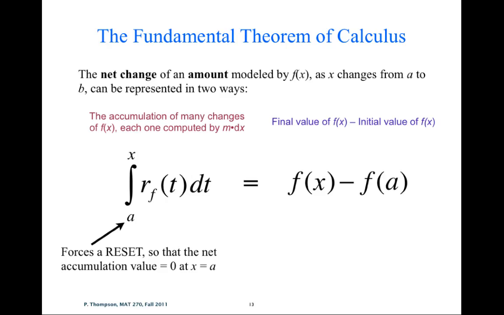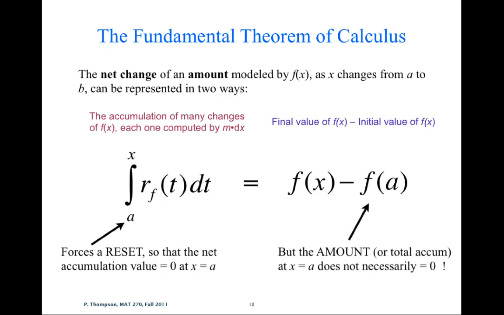Net accumulation will always be 0 where you start accumulating. But in the total accumulation, there could have been some total amount that had already accumulated, and that's your f of a. So the total accumulation doesn't necessarily equal 0, but the net accumulation will be 0 at a. That's anything that had already accumulated when we got to a. So that's an overview of the fundamental theorem.